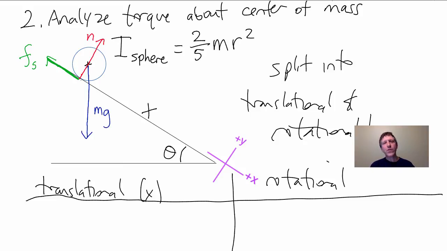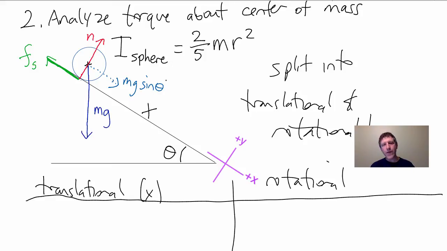What I'm going to do is only look at the X component. So really all I have to look at is the X component of gravity. I'm going to draw that in blue, just this X component. The X component of the force of gravity is just mg sine theta like before. Now, of course, on the AP exam, they don't want you to draw components. You'd have to draw components on a separate sheet or a separate diagram.